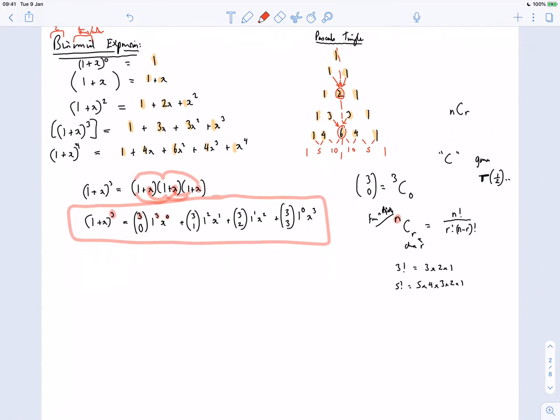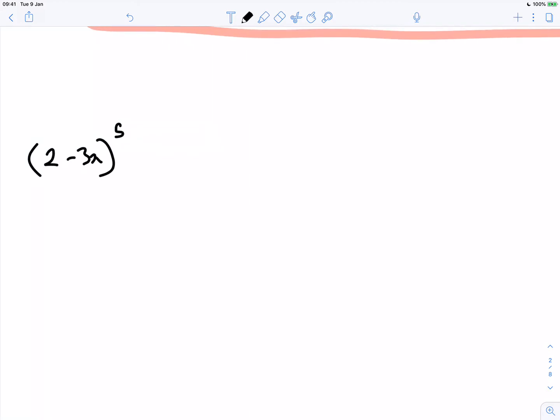So for example, let's pick a nice juicy year 12 problem. Let's say I've got 2 minus 3x and I want it to the power 5, and I want, say, the first 3 terms in ascending powers of x.